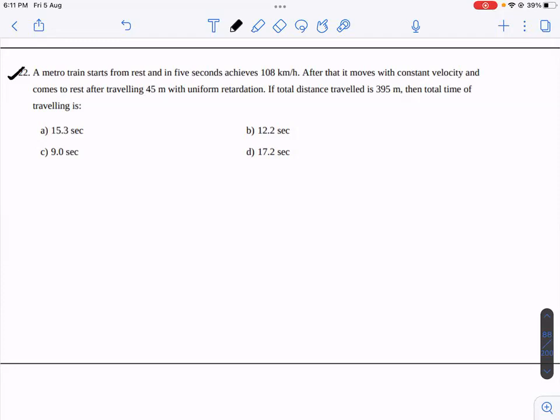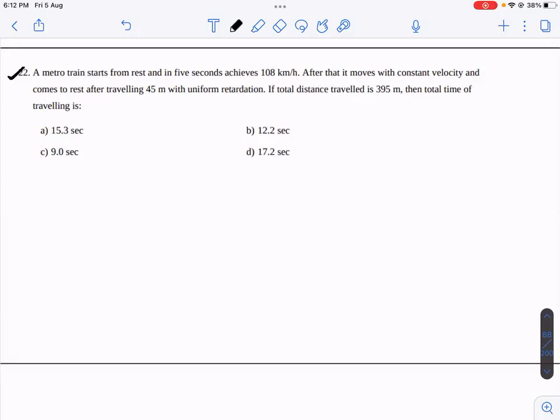There is a metro train that starts from rest and in 5 seconds achieves 108 kilometers per hour. After that, it moves with a constant velocity and comes to rest after traveling 45 meters with a uniform retardation.